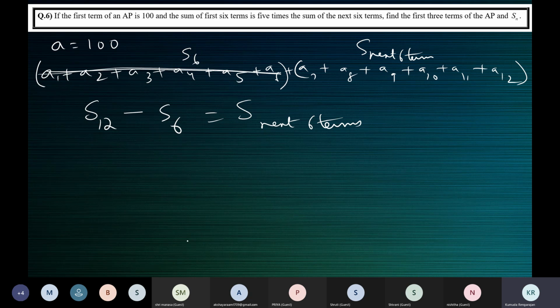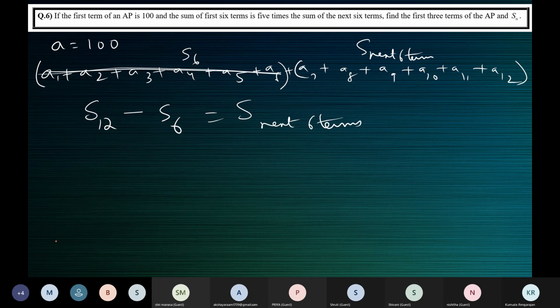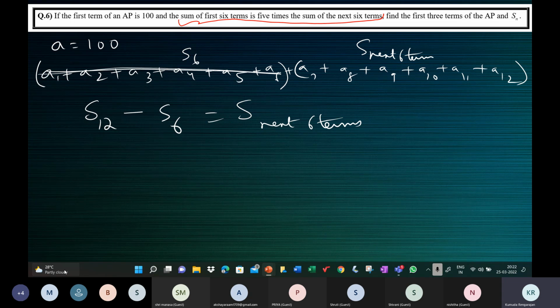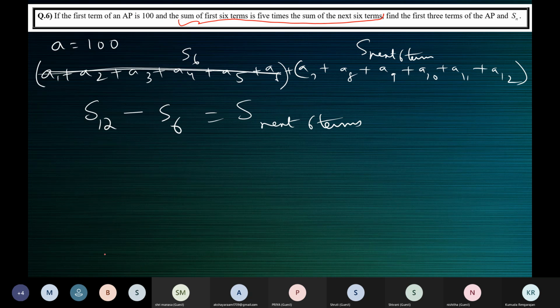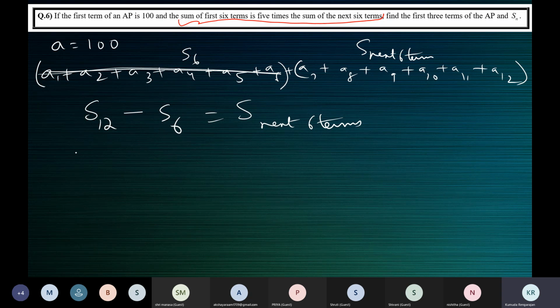The sum of the first 12 terms minus the sum of the first 6 terms will give us the sum of the next 6 terms. So the second condition: the sum of the first 6 terms, S6, is 5 times the sum of the next 6 terms, that is S12 minus S6.